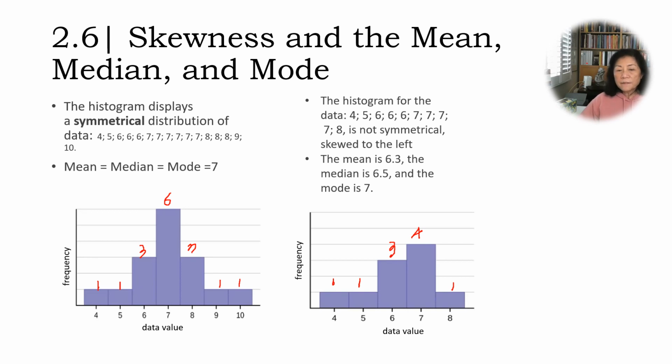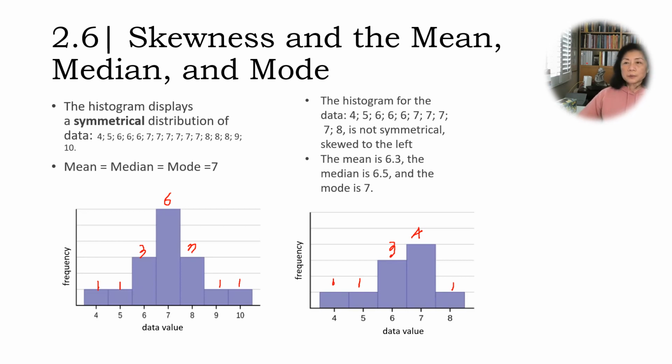The left-hand side of this highest bar is what we call the tail, right? On the left-hand side, we have a longer tail than the right-hand side. So we call this graph not symmetrical, and it's skewed to the left, right?